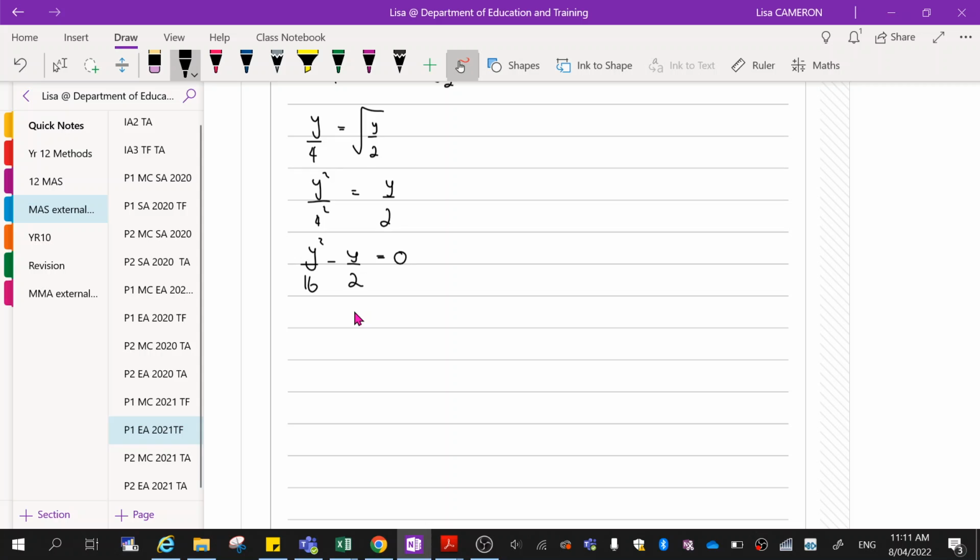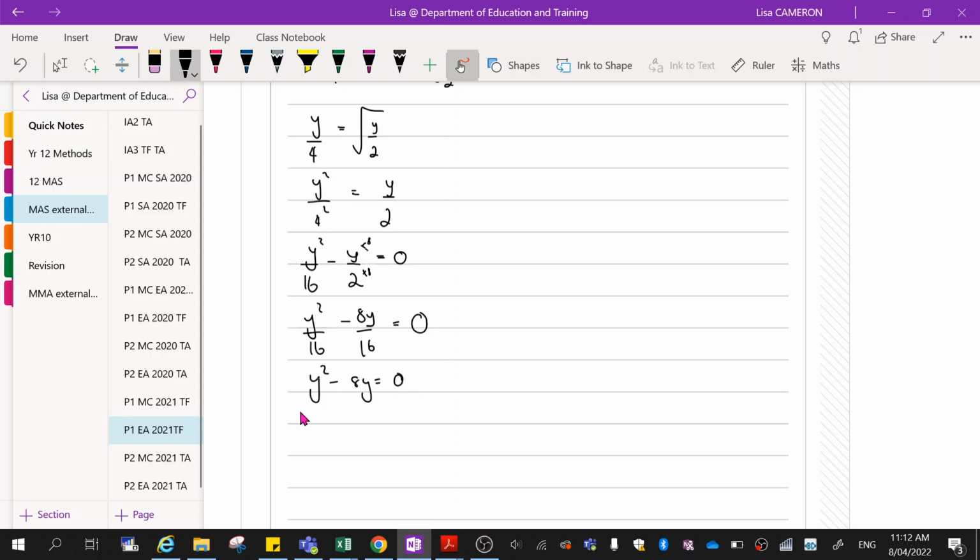To make my life easier, I'm going to make these have the same denominator. So I'm going to scale this one up by multiplying the top and the bottom by 8. y squared over 16 minus 8y over 16 equals 0. Now they're both over the same denominator, I can take the 16 to the other side. So I'll be left with y squared minus 8y is equal to 16 times 0, which is 0.